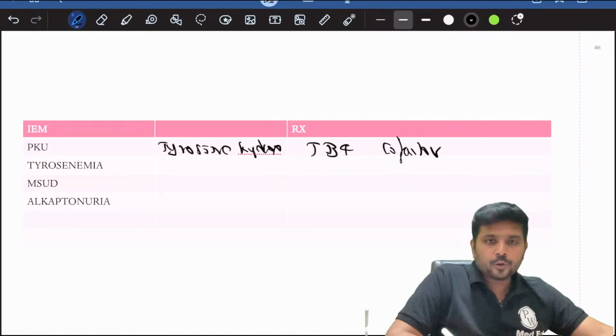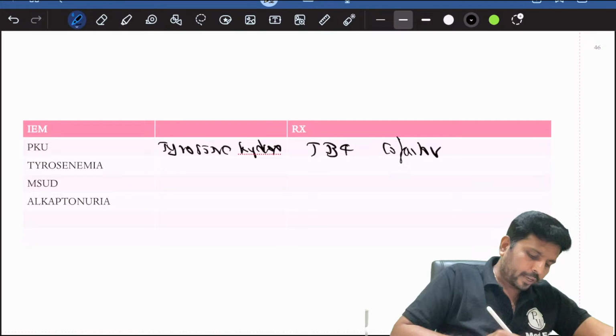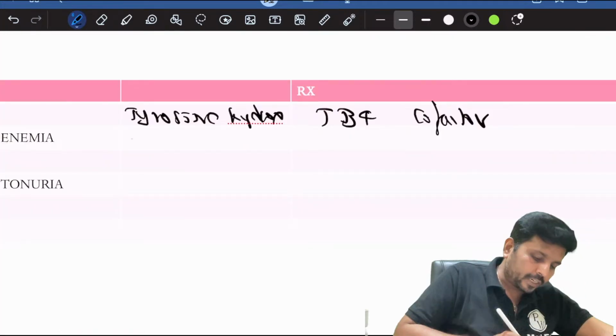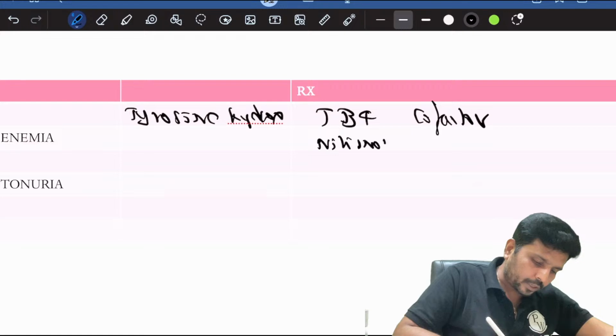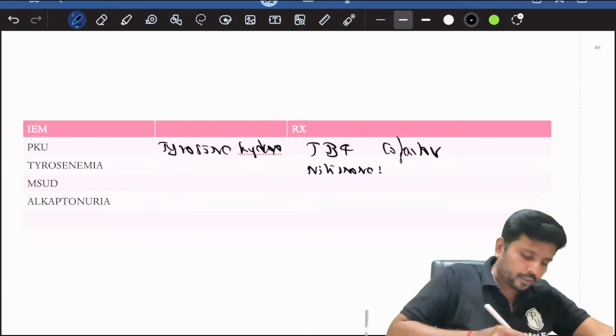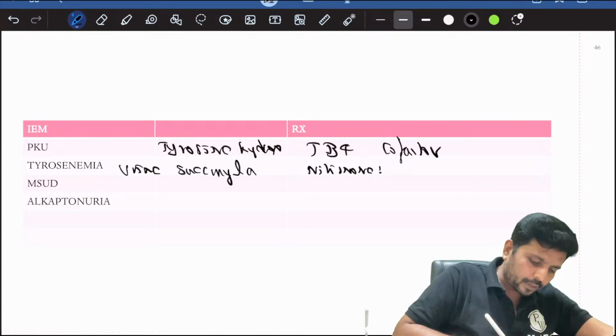Tyrosinemia. There are so many tyrosinemias. The main type 1 tyrosinemia can be treated with nitisinone, and the investigation of choice is urine succinylacetone. Very, very important.